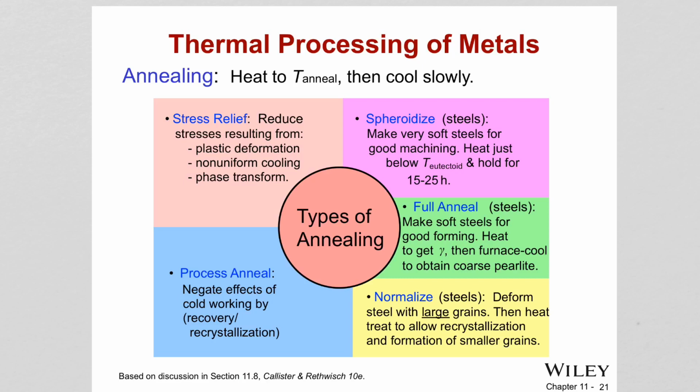Another one is full annealing. Full annealing is a term that applies to low and medium carbon steels that will be machined and/or will be experiencing extensive plastic deformation during forming operations.